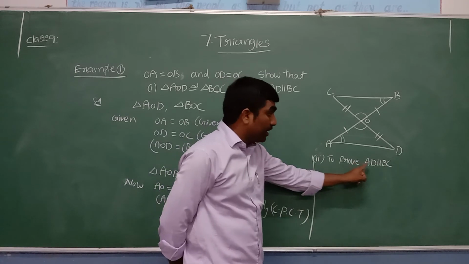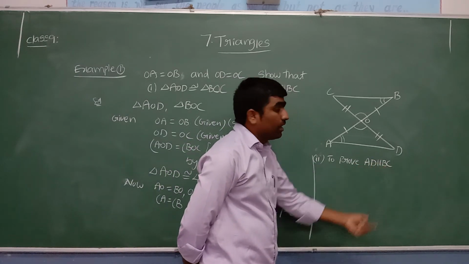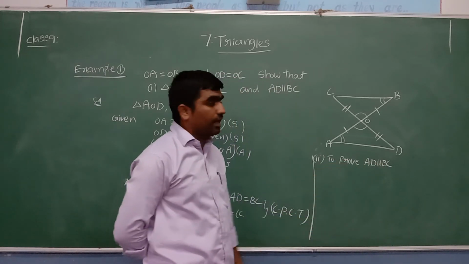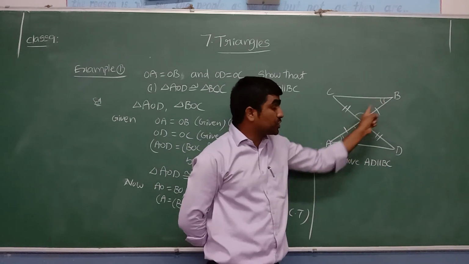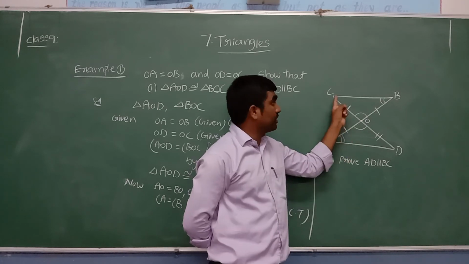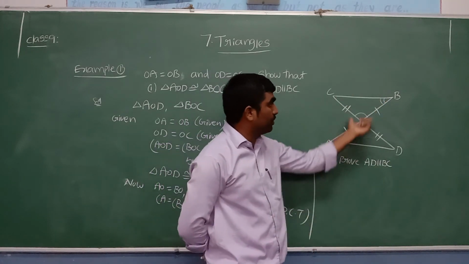When can we say two lines are parallel? When their corresponding or alternate angles are equal. I can see here B is equal to A. How are these two alternate angles? Alternate angles are equal means these two lines are parallel. Yes, we can say that AD is parallel to BC.